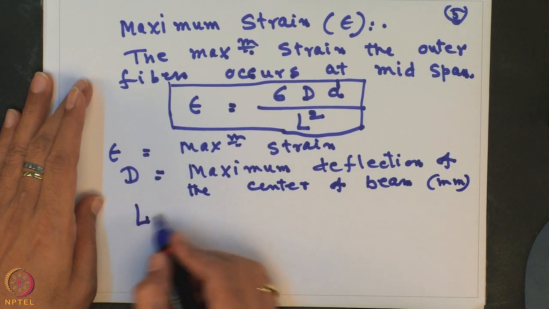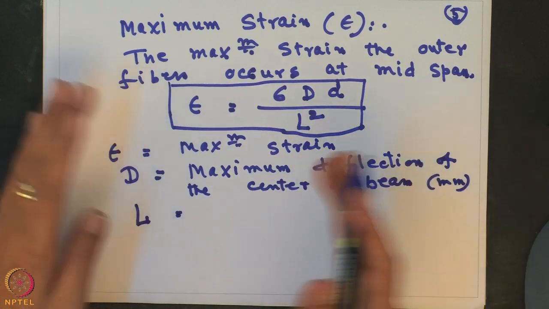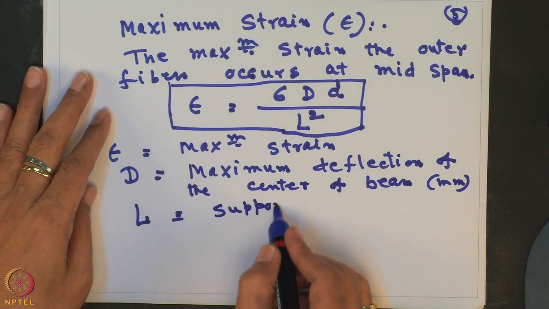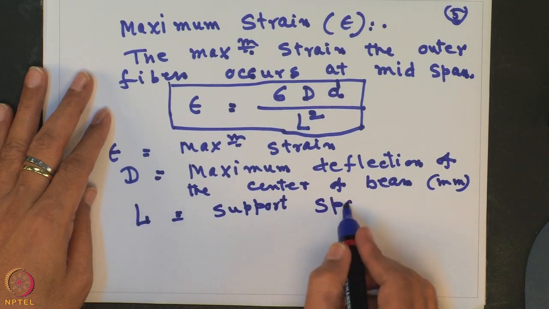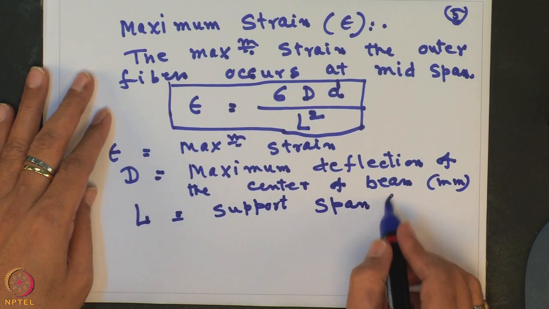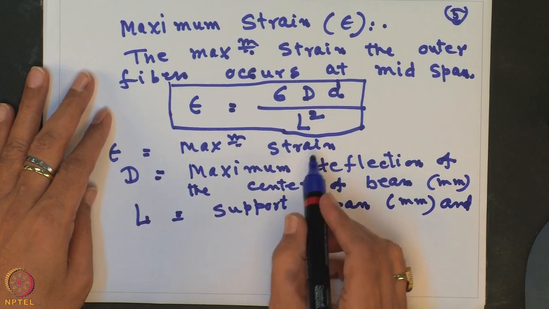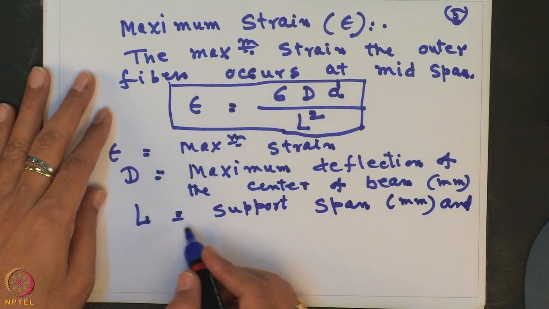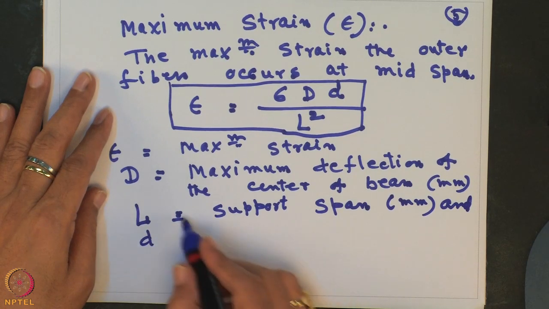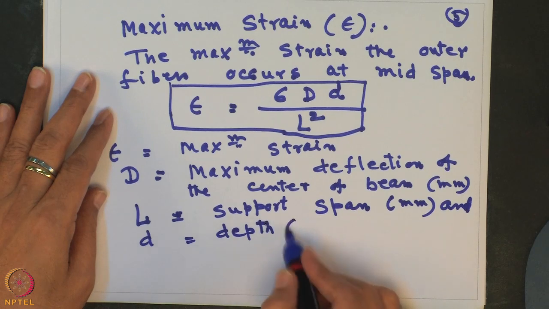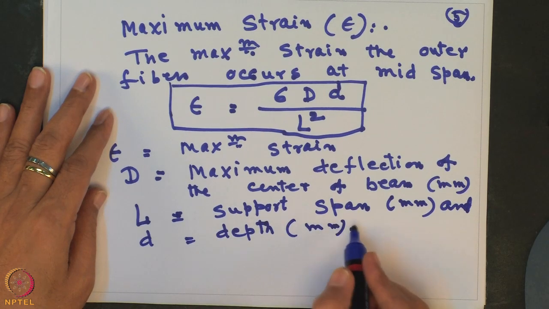And L is the support span, in millimeter, and small d is the depth, in millimeter.